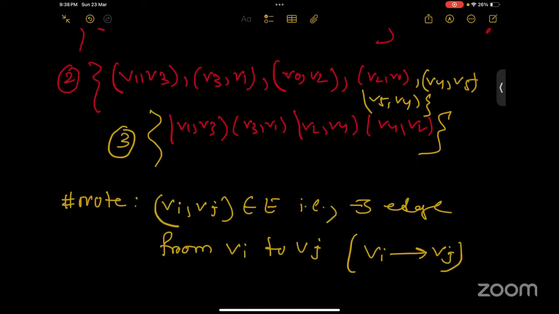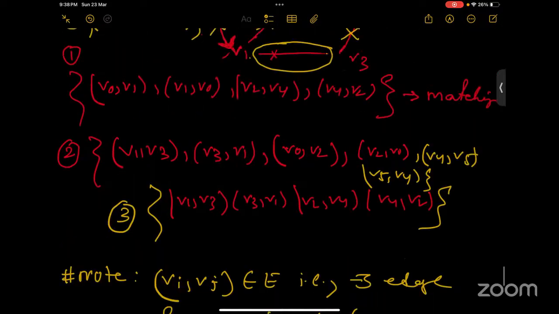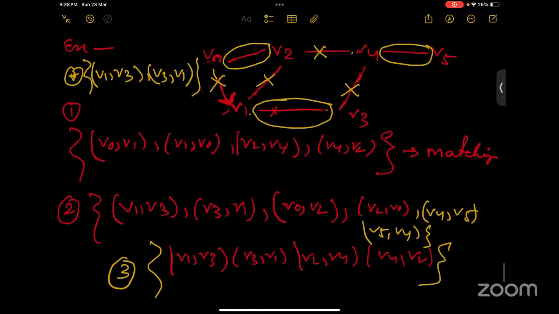So what will be the maximal matching here? 6, I guess. Yes, we can have example 2, right?